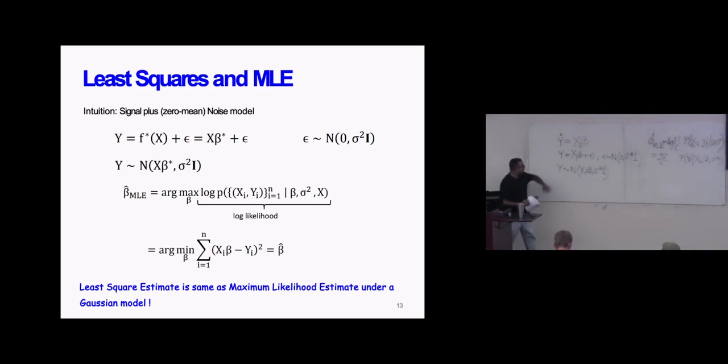Right? Because this is the mean. All we are doing is adding random noise here, which is actually distributed according to the normal distribution. So essentially, y is nothing but a normally distributed variable with x beta as mean and sigma square as the variance. Is this clear?